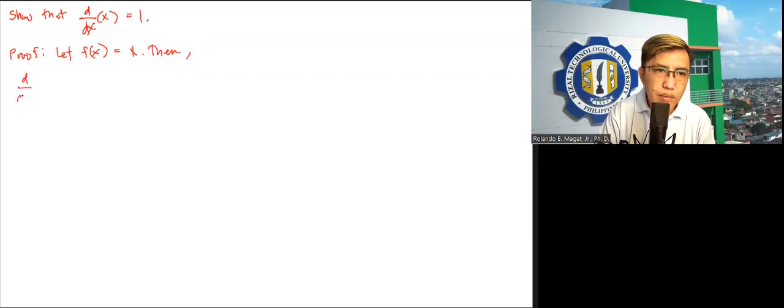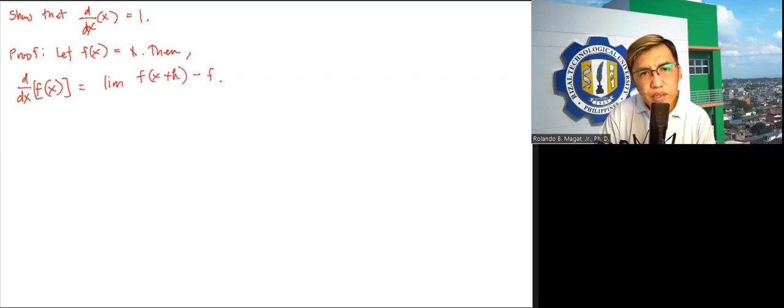d over dx of f of x is equal to the limit of f of x plus h minus f of x over h as h approaches 0. You see that the definition of the derivative is useful, especially in showing that the formulas are true.